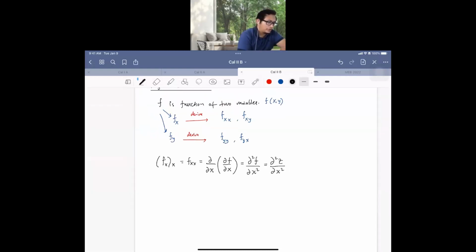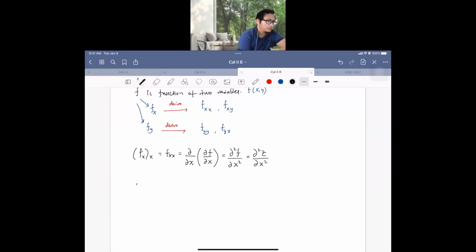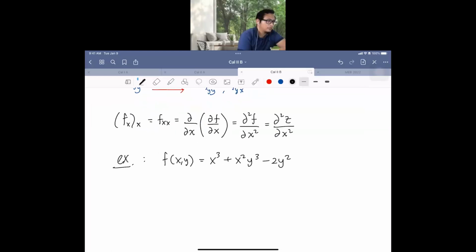So if we have an example, let's take our example. Now we need to find the second partial derivatives. So first we are going to find the partial x.